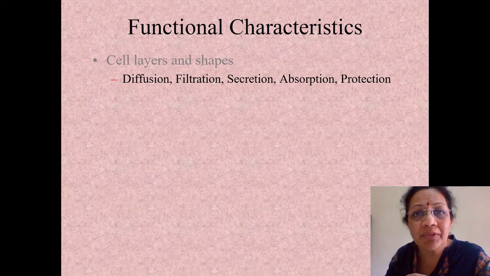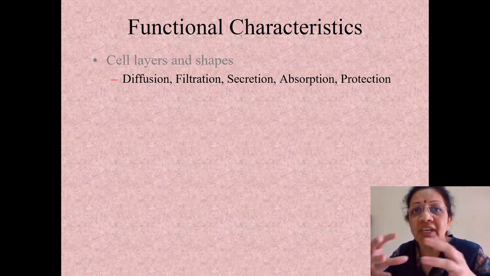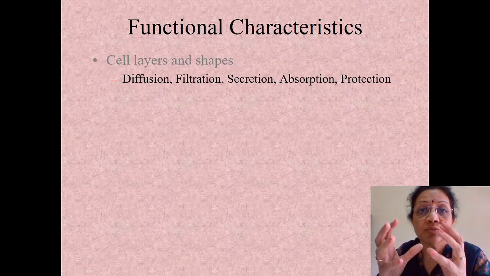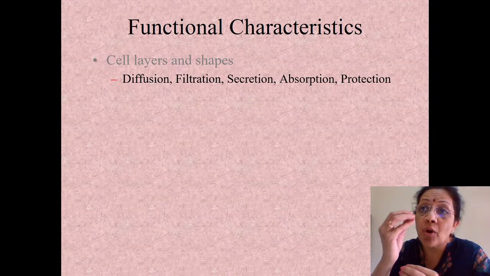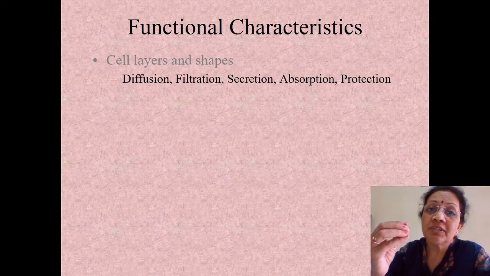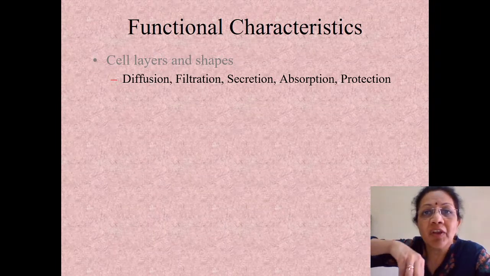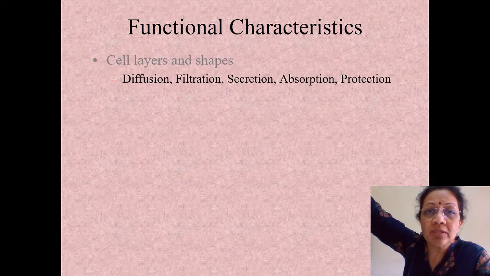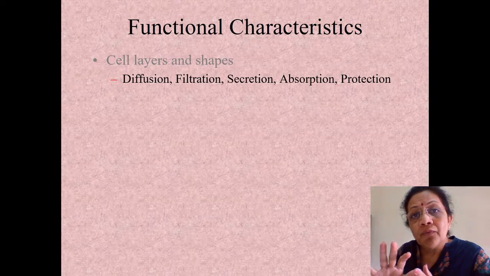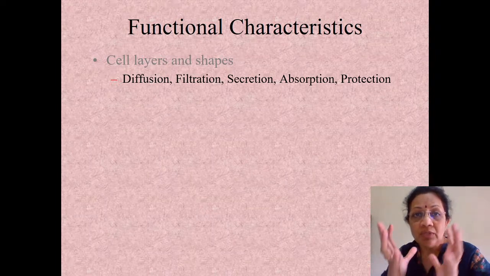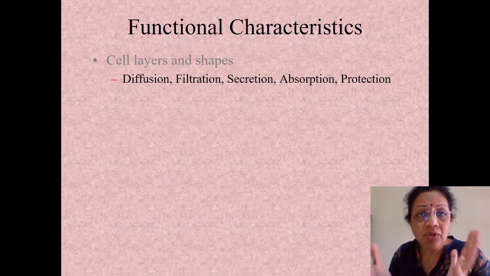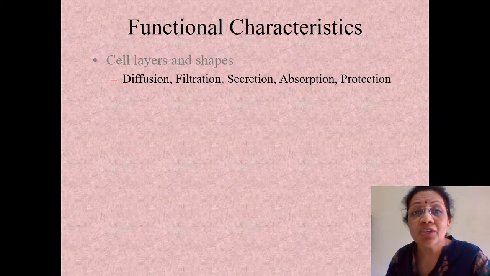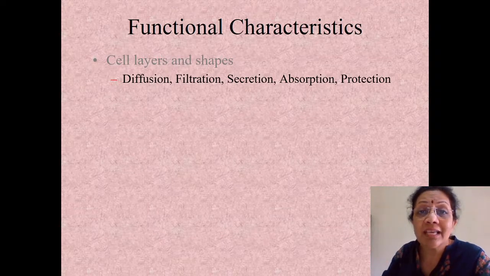You need Golgi apparatus to secrete and put together and formulate the larger molecules which will be secreted as a product of the cell, which will be utilized either in its immediate environment or it will be delivered somewhere via a duct, and it will go and do its job somewhere else. To be able to do a secretion, you need some certain cytoplasmic space for the organelles to be there and to do their job. So at that time, the shape of a flat cell will not work.